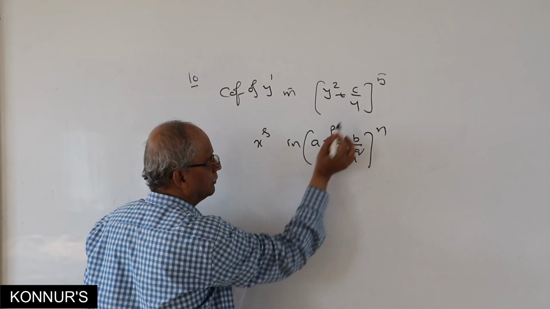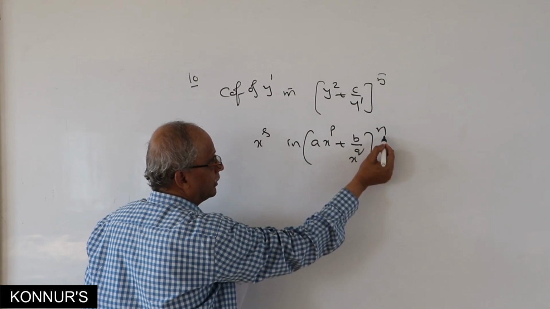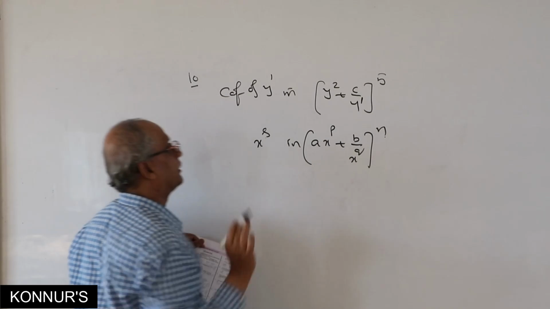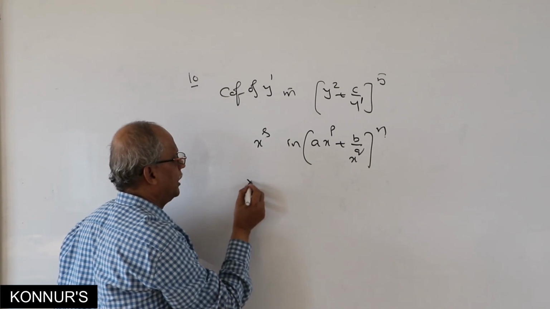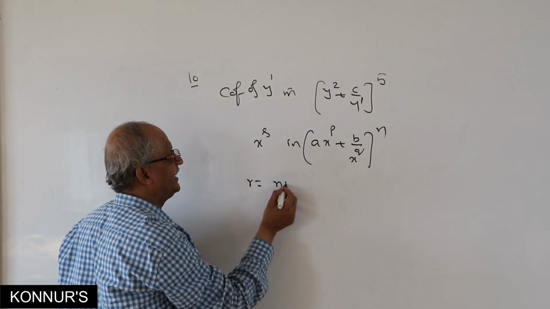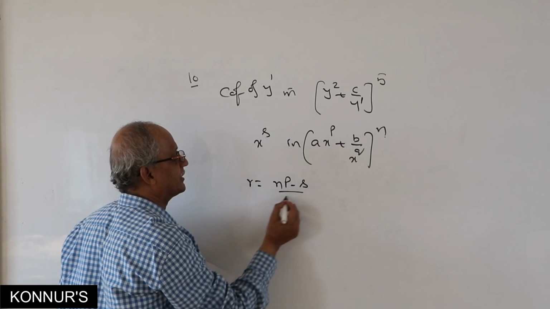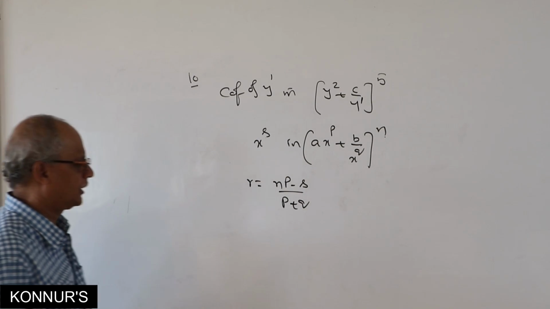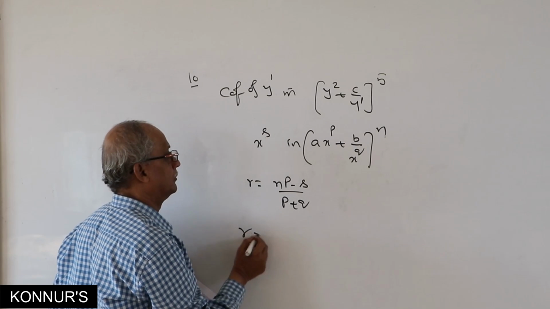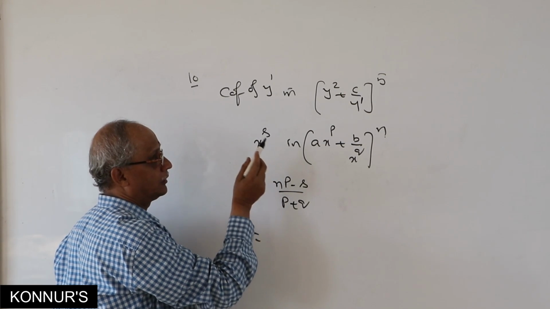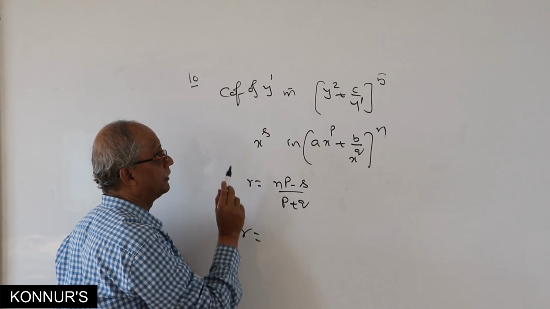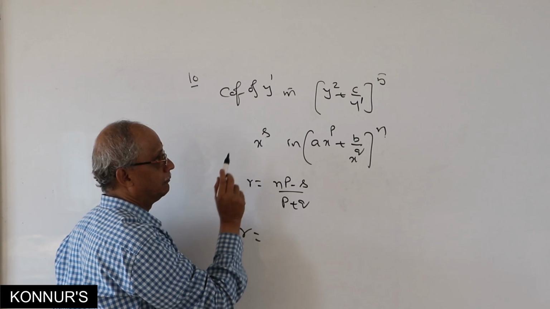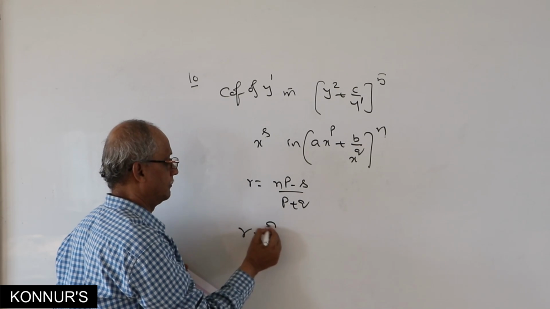P value 2, q value 1, n value 5, s value 1. What is our formula here? (np minus s) by (p plus q). With that, for this problem, n into p is 10, minus 1 is 9, by 2 plus 1 is 3.